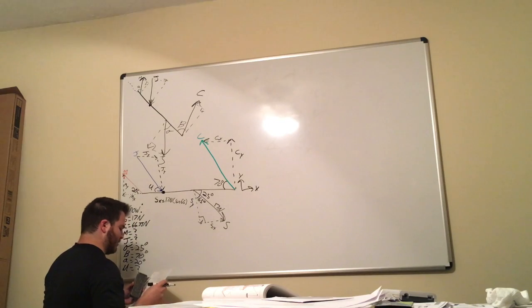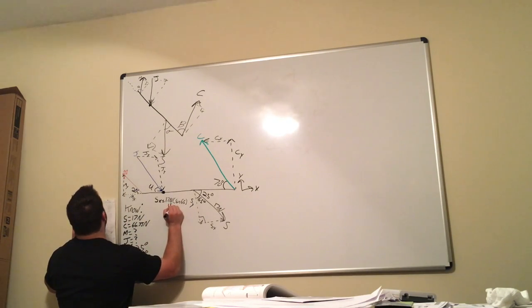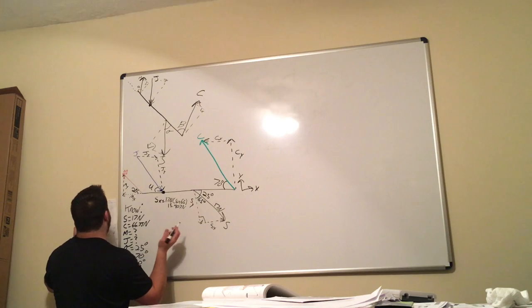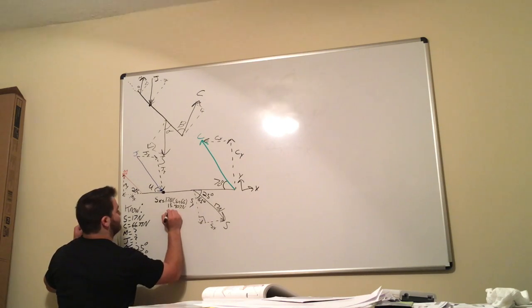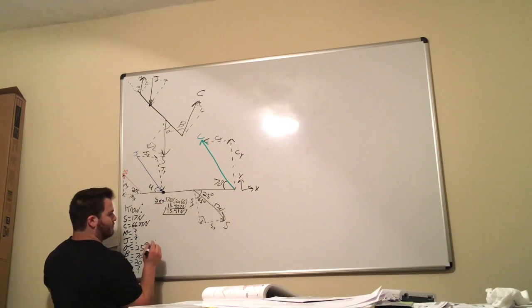And when you put that in on your calculator, you get 15.407. Remember, we're in newtons, and then I rounded to 15.41. So 15.41 newtons, and I will square that for our S of x.